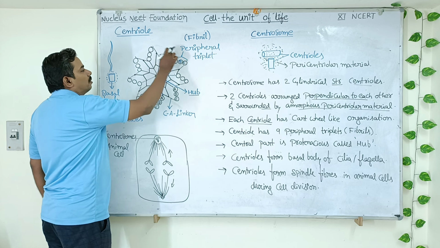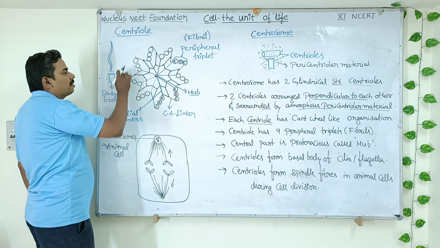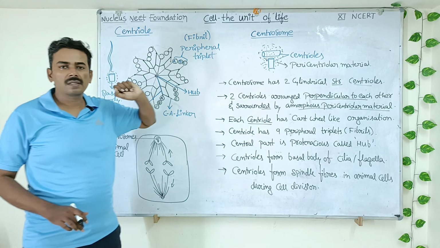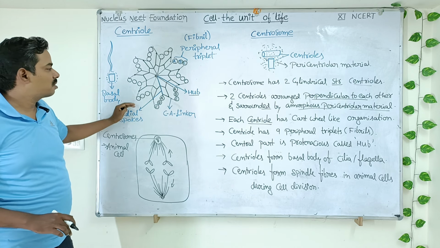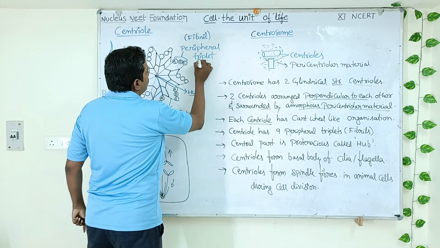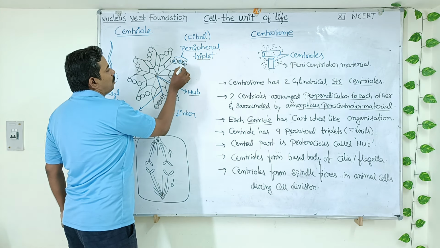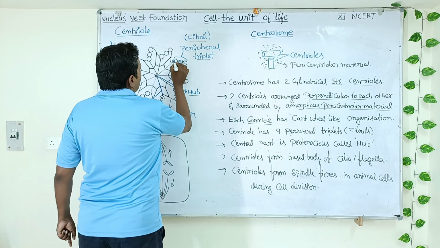Surrounding this hub there are 9 peripheral triplets, also called fibrils. They are arranged at equal distance. Each peripheral triplet, otherwise called a fibril, is made up of 3 microtubules. What are these rounds?